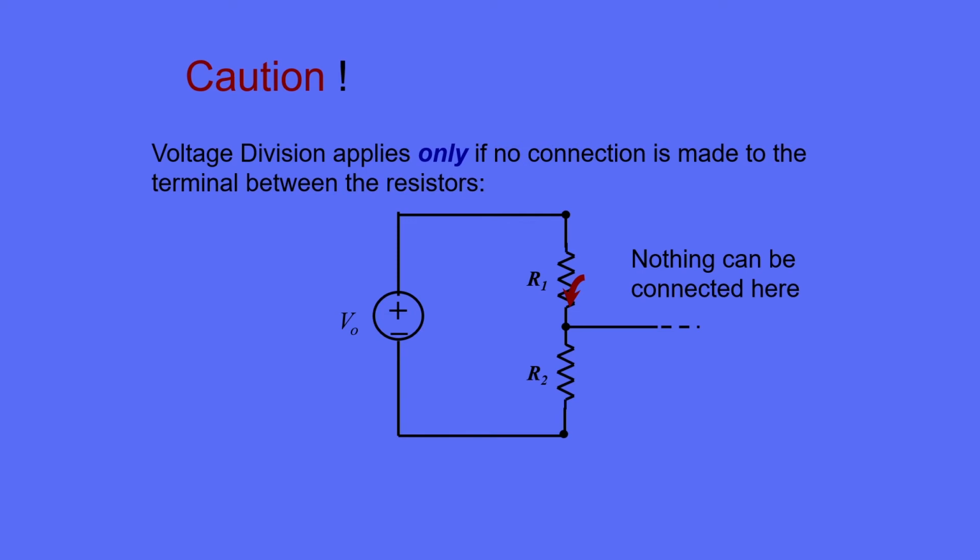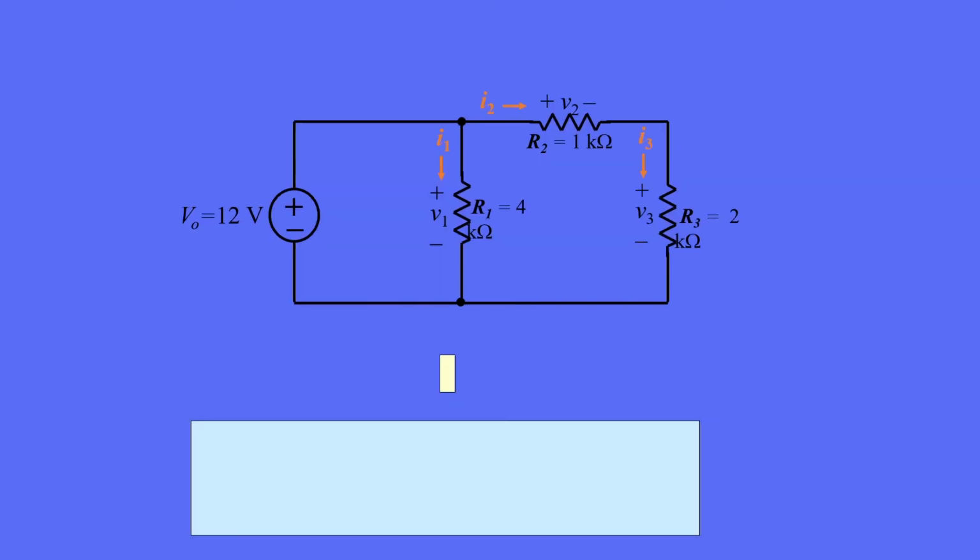A bit of caution is in order with respect to voltage division. Here's a circuit where voltage division works when applied to the resistors R2 and R3. Nothing is connected to the node that joins these two resistors. The voltage applied to the series combination of R2 and R3 is V0, so we can use voltage division to get V3.